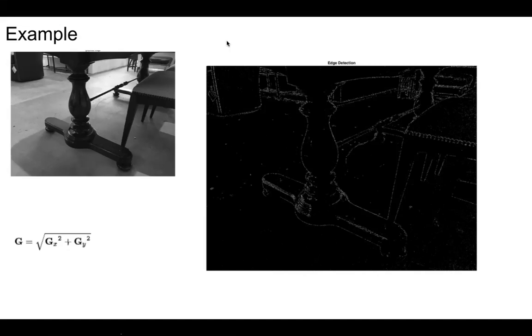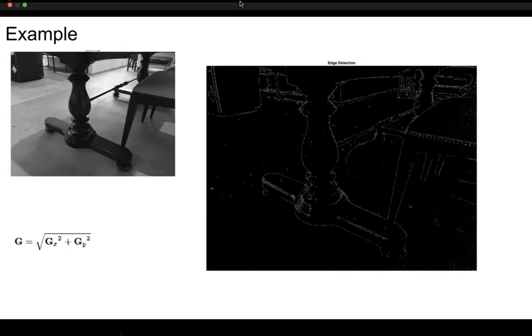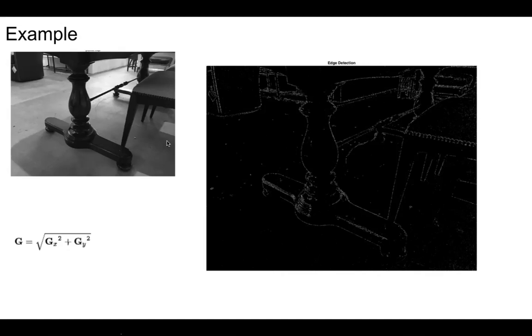Okay, great. So we'll be discussing next the SIFT operator. The SIFT operator was used to find the important key points in an image.